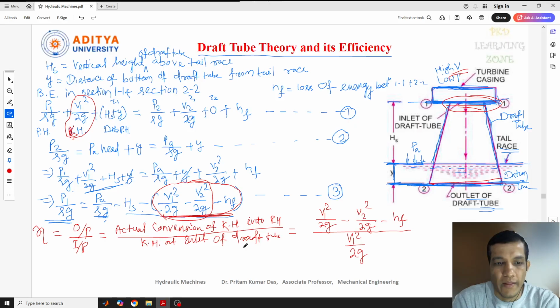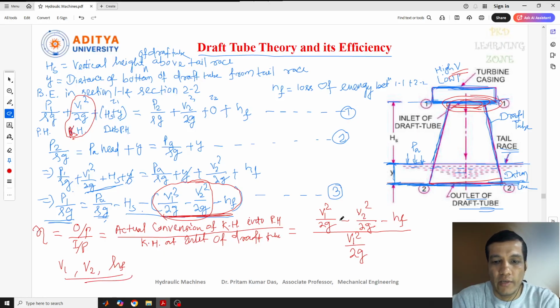This is our kinetic head at the inlet of the draft tube. What are the extra terms? V1 and V2, and HF. HF I already told previously. V1 is the velocity of water at the inlet of the draft tube, and V2 is the velocity of water at the outlet of the draft tube.